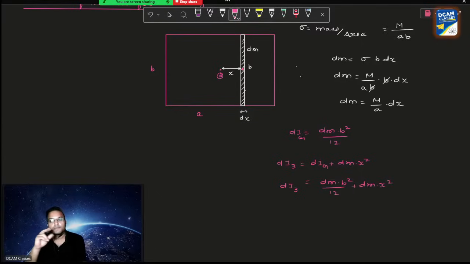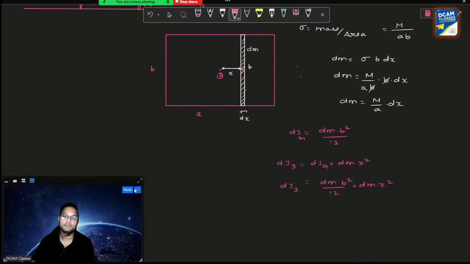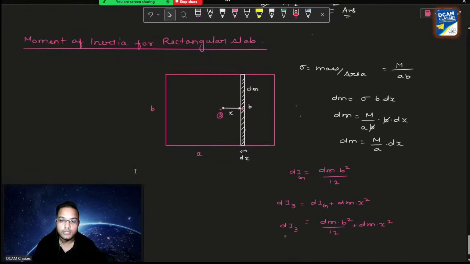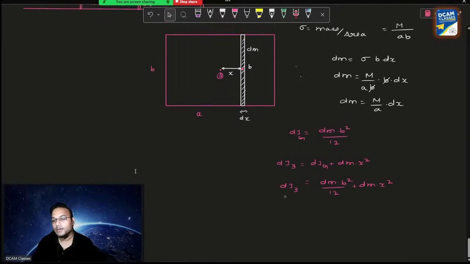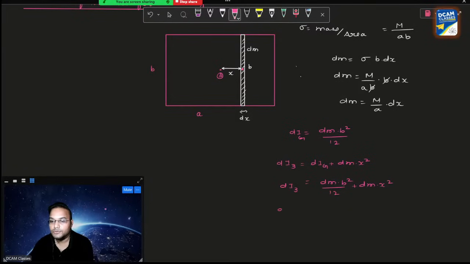Yes, sir. Now what I have done is I have found the moment of inertia of this rod about the axis passing through the center of this rectangular slab. Now I will integrate it. Let me put the value of dm. So dI3 will be equal to b square by 12 plus x square, into dm, which is m by a into dx.